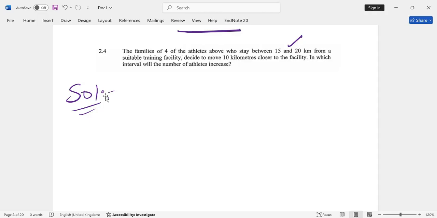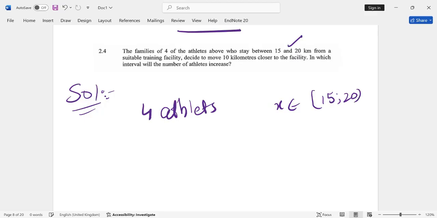So we have the number of athletes is 12, the total number of athletes. Okay, and we have to determine the interval where the number of athletes will increase. So the four athletes originally had a distance, if we say that four athletes, okay, having a distance that we say that x belongs to 15 and 20.